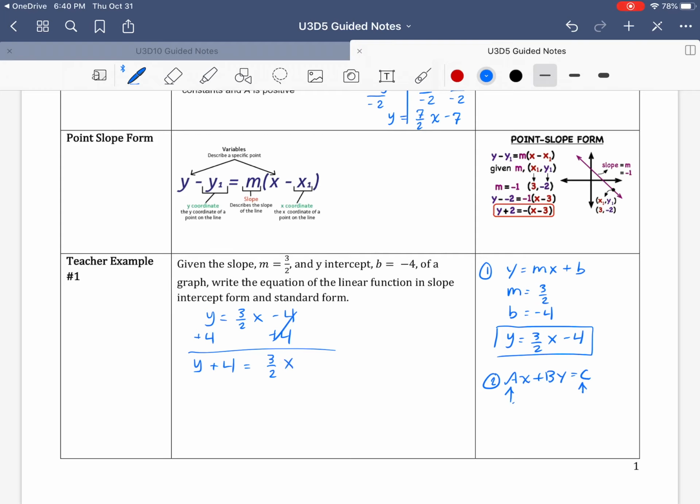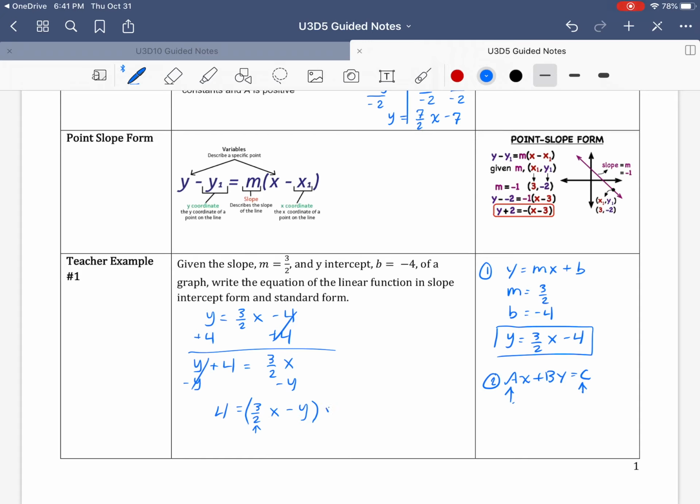My x and my y are on the same side, so I'm going to subtract y so I can move my y over. I get 4 equals 3/2 x minus y. Now a, b, and c are always whole numbers, so I need to multiply all of this by a number to get rid of my denominator, my fraction bottom right there.